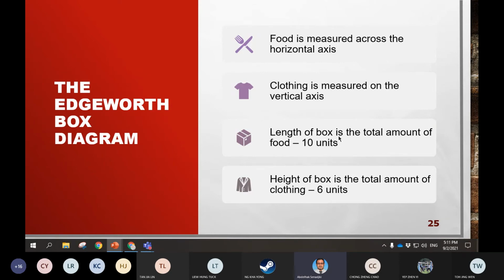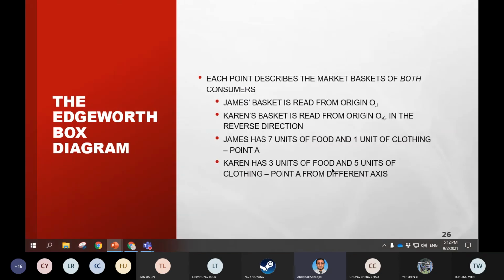So the length of the box, the total amount of food, is 10 units. And for the clothes, we have 6 units only, so the height of the box is the total amount of 6 units.